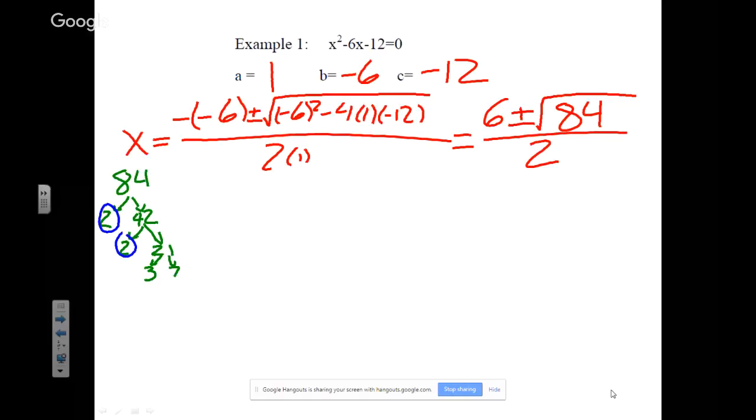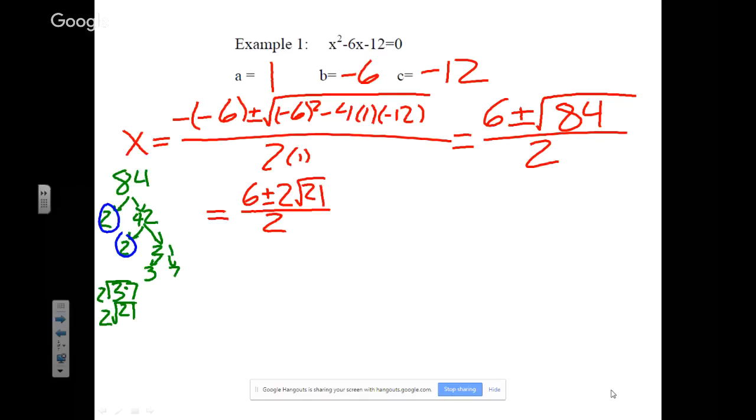So that's going to end up giving us 2 times the square root of 3 times 7, which is just 2 times the square root of 21. So then we can take that and plug that back in. So when we're looking at this equation, we have 6 plus or minus 2 times the square root of 21 divided by 2.